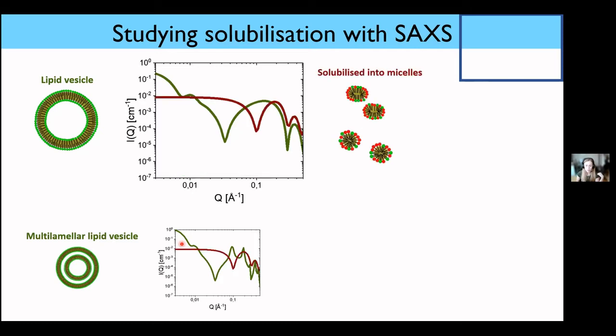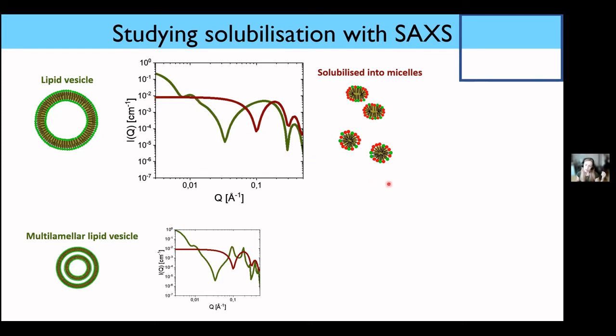Now, when the structure is solubilized, normally you will assume that the solubilized structure is smaller than the starting lipid vesicles. Of course, that is sort of the point of solubilization in many ways. So if it's quite a lot smaller, you will see that the scattering at low Q will start to flatten out, so that you have a constant scattering here.